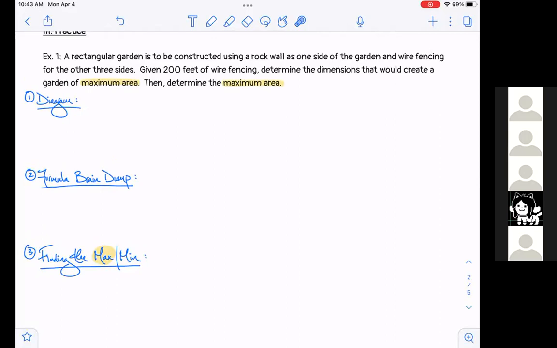All right, so formula brain dump. What formulas come to mind when we're thinking about what might be useful in this question? Length and the width. Okay, so those are variables. What is the whole formula? Or rather, what is the equation?